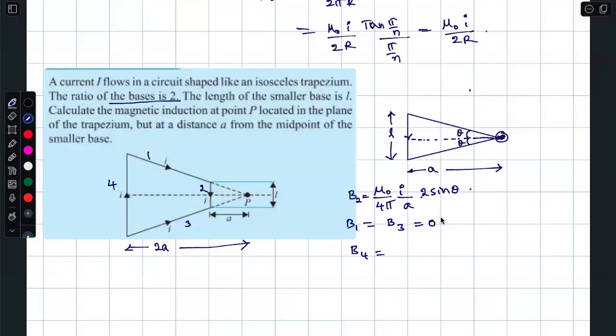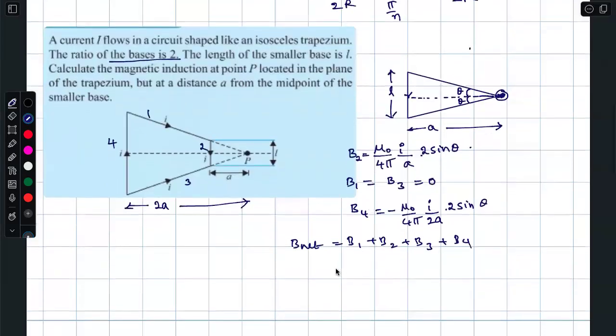ఇన్వర్ట్స్ సో కాబట్టి B4 is -μ0/4π I/2A 2 sin θ. So what is B net? B net is B1 plus B2 plus B3 plus B4. Finally, what is this going to be?